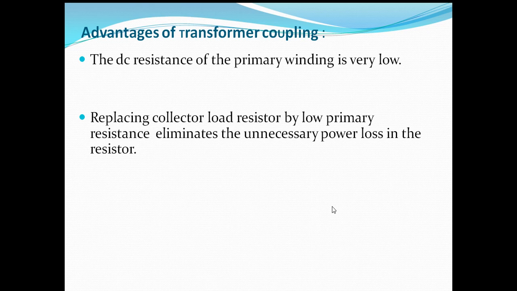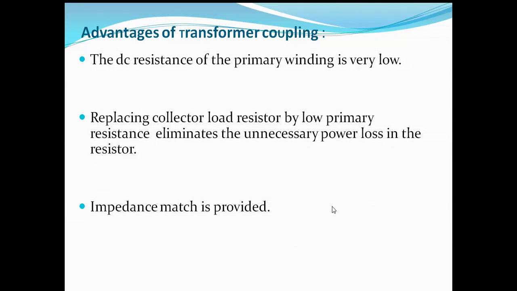We are using a transformer in the second stage, and the secondary winding of the transformer gives the output signal. Therefore, it eliminates unnecessary power loss in the resistor. This is one of the important points.